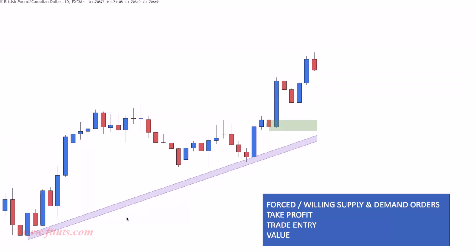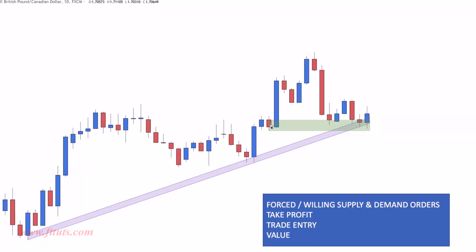So let's go forward a little bit, right? If we're looking at it just from a willing demand perspective, we have traders coming into this area here, right? And the first thing I want to say is we're not looking to just take these areas of diagonal, horizontal and dynamic support and resistance randomly on a price chart.